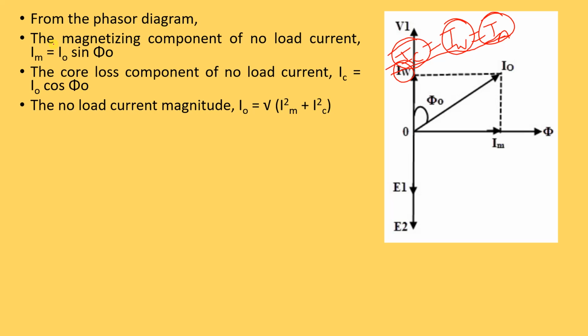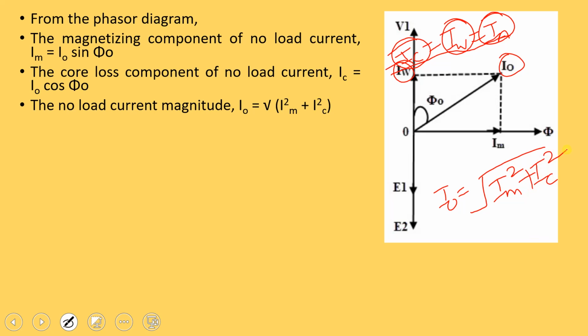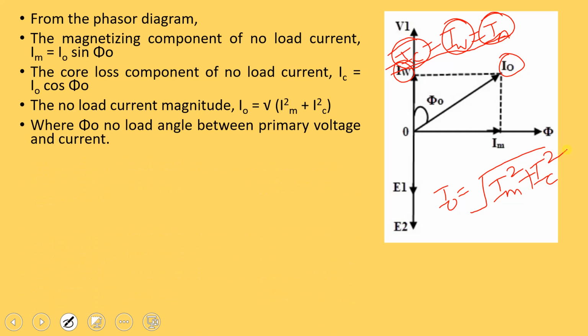To find the magnitude of the no load current, I0 is equal to the square root of Im squared plus IC squared.